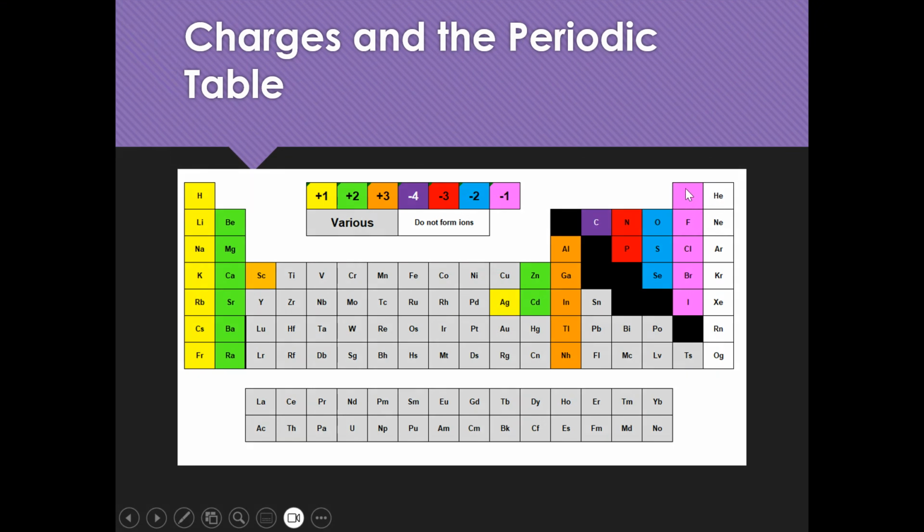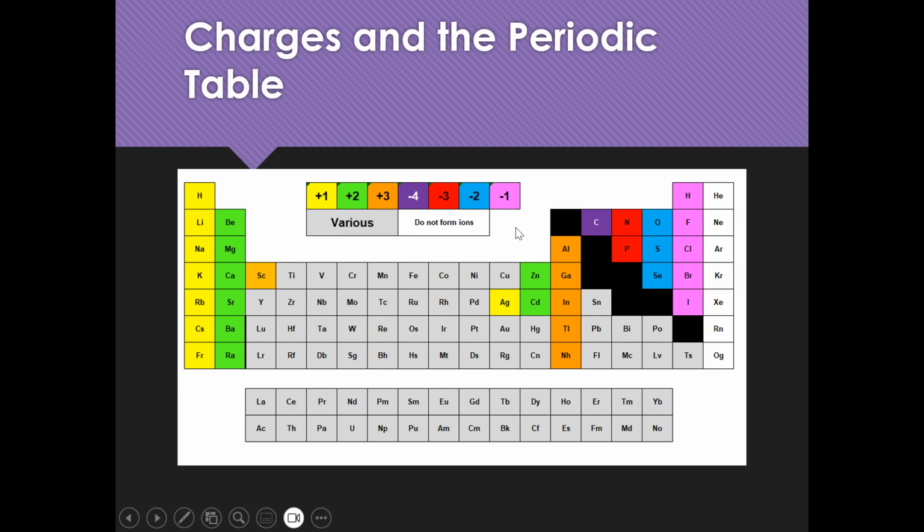See, here's where hydrogen can act like a metal and be a +1, or it can act like a non-metal and be a -1. So this column, they all form -1 because they all have 7, or in the case of hydrogen, 1 valence electron, and hydrogen needs to get up to 2, so it adds 1 electron. The oxygen family, or the chalcogens, they all need to increase by 2, so they become -2. The nitrogen family, or pnictogens, above the metalloid line, they become a -3, and the carbon, under the rare situation where it would form an ion, is most likely to form -4.